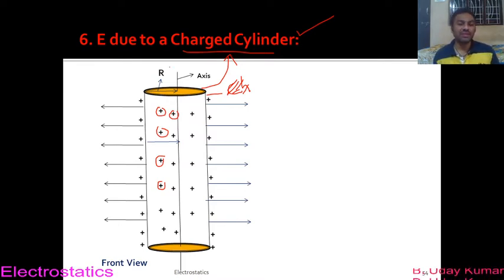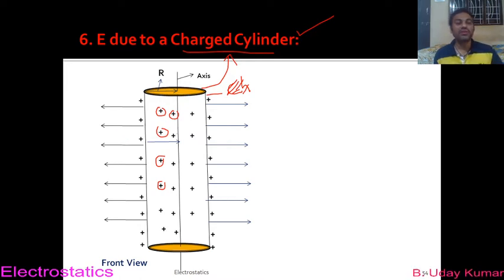So if I see this system from front or side, the diagram looks like this in terms of the charge and electric lines of forces. This is how the charged cylinder looks in terms of charge and also electric lines of forces when I see it from side or front.